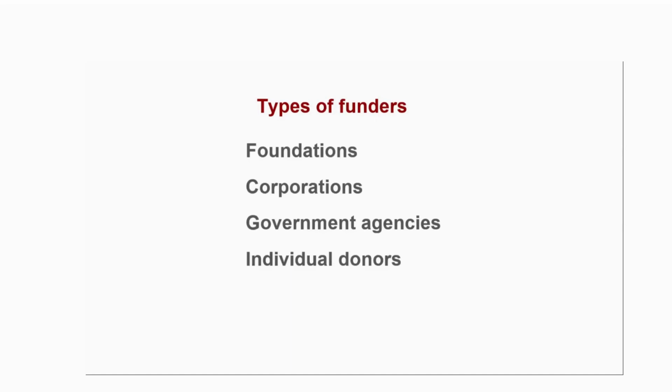Then we have government agencies. Government agencies are also involved in philanthropy. Now the biggest government, say the federal government, gives grants to individuals and non-profit organizations.